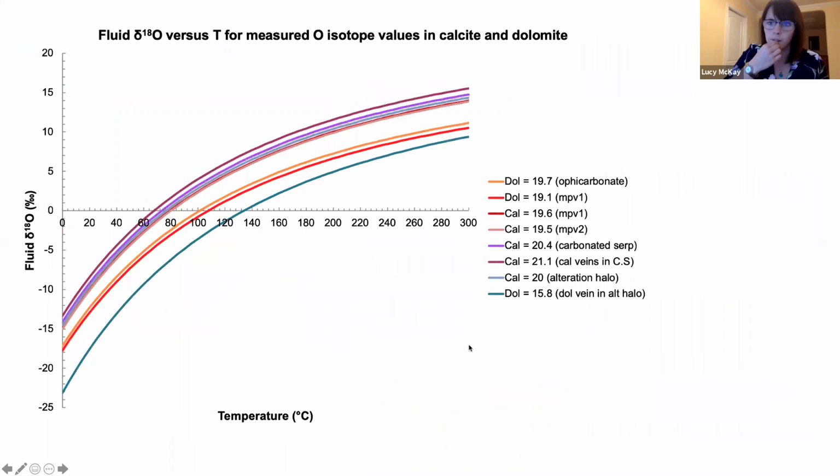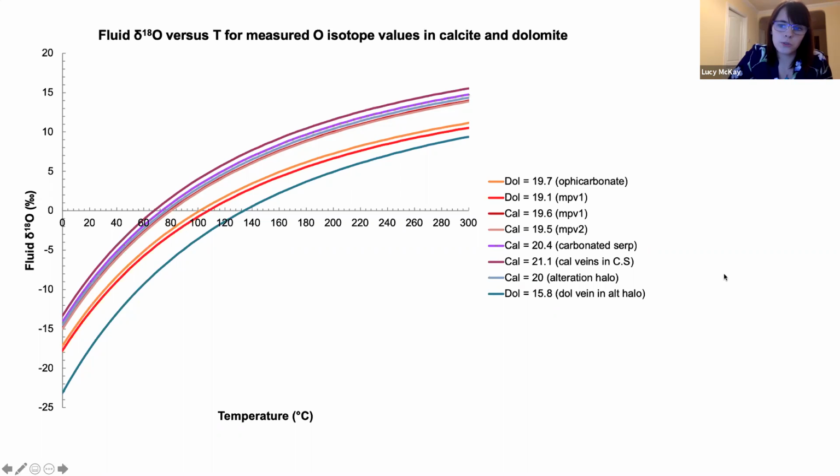And delta 18O values can be used to predict the temperature from which the carbonate precipitated. So using the stable isotope calculator, I then calculated the temperature for this mean delta 18O.